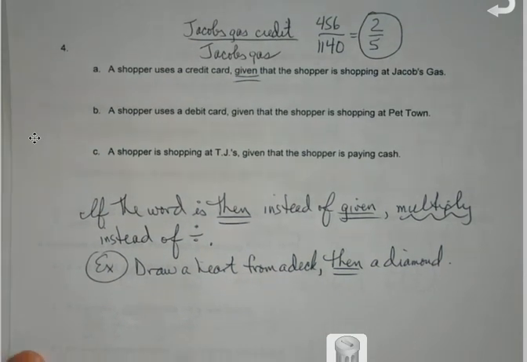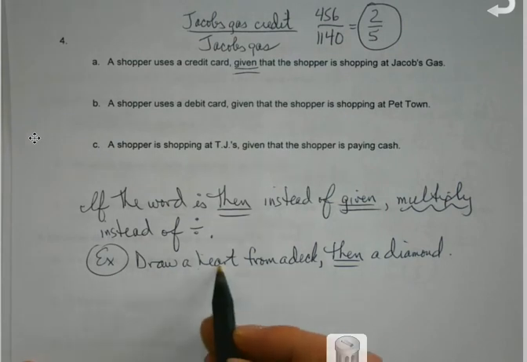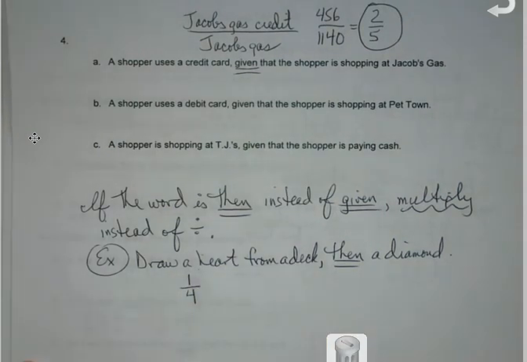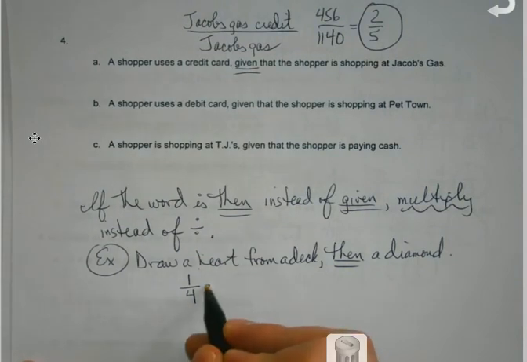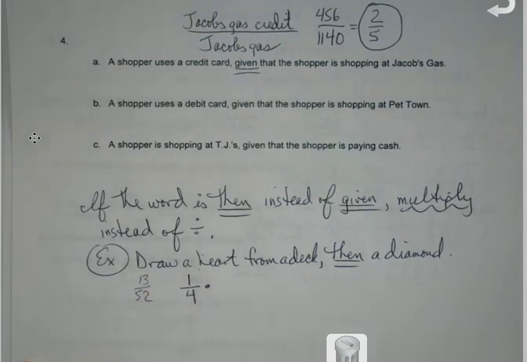That'd be kind of strange. So what I would do is I'd say, okay, draw a heart from the deck. Well, the heart would be 1 out of 4. Okay. But then I got to be careful, because remember, this 1 out of 4 is coming that it's 13 out of 52, because there's 13 of each suit. Then a diamond, be careful.